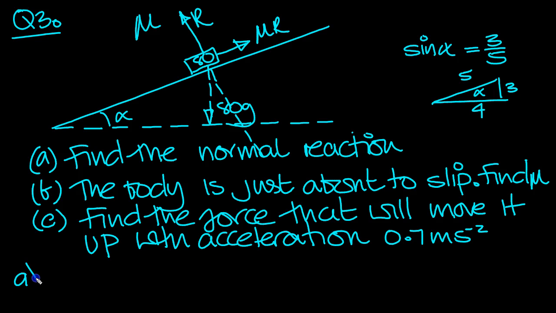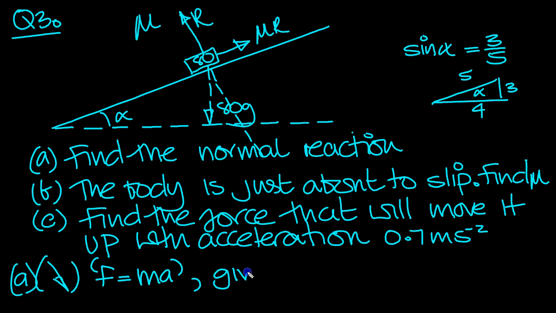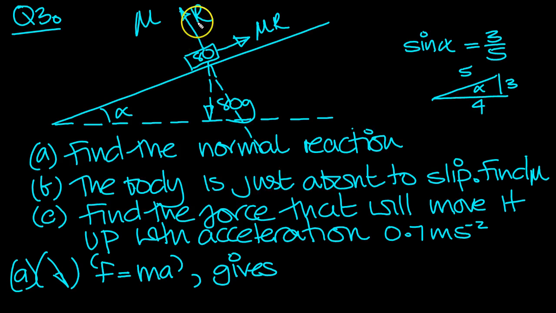So first of all, let's have a look at part A. We're going to resolve the forces in this direction and apply F equals ma. Resolving the forces, there's no acceleration, so the resultant force is equal to 0. So we've got R minus the component of the weight, 80g cos alpha, equals 0.